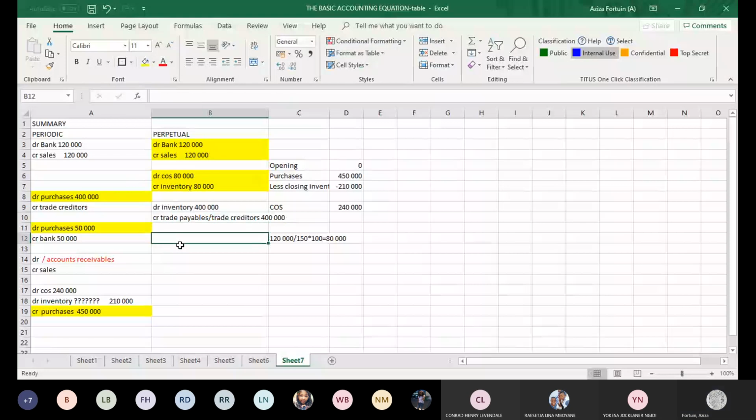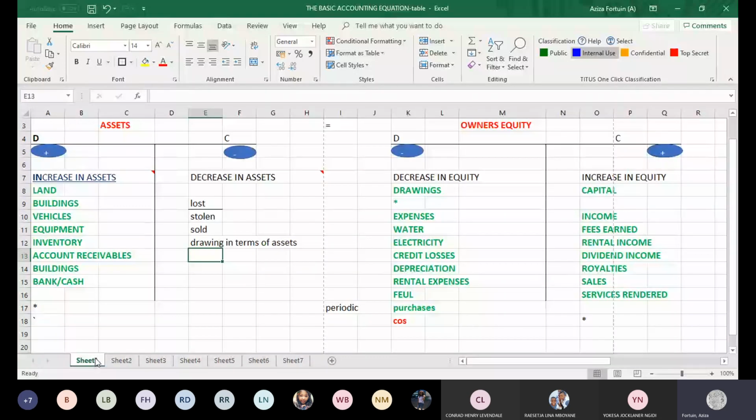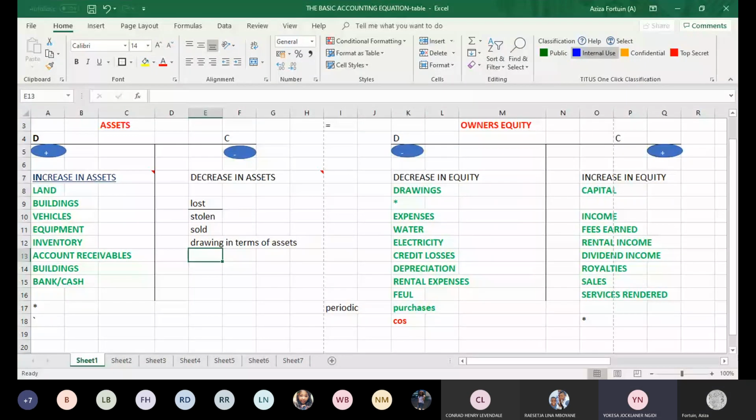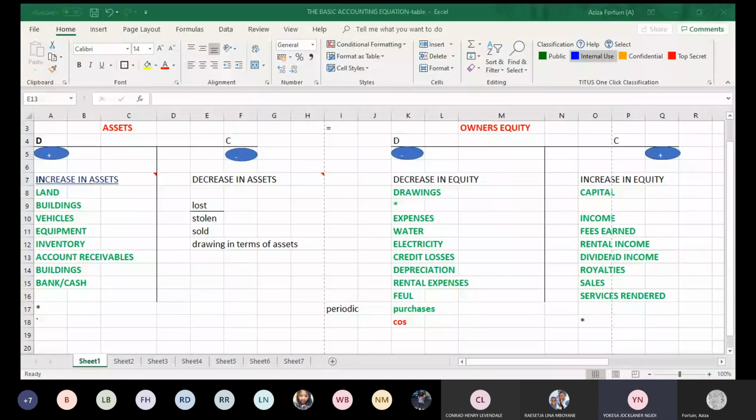Okay. Let's look at the other transaction. Purchase merchandise for 50,000 rand. Is that for cash? Purchase merchandise for cash for 50,000. How are we going to account for it now? It's the same thing as the previous one. We are purchasing, which means our inventory account is going to go higher. We're getting more stock in, so our assets are going to increase.